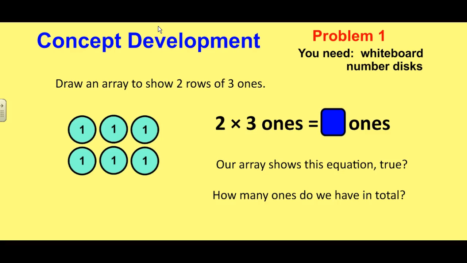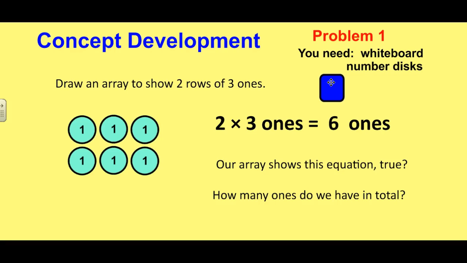And then you'll notice that our equation for this is 2 times 3 ones, because we have 2 rows, and in each row we have 3, and each one of them in the row represents 1. So all in all, how many ones do we have from our array? Write that on your board. So we have 6 ones.